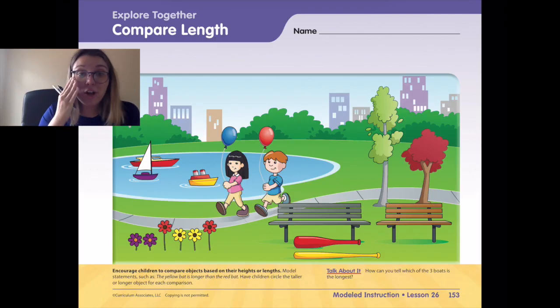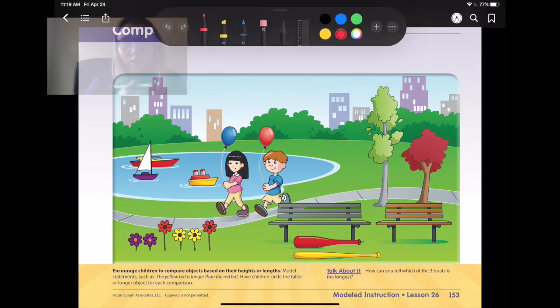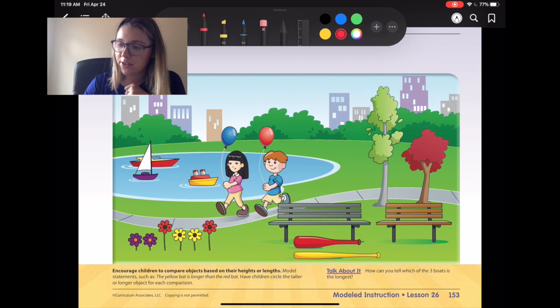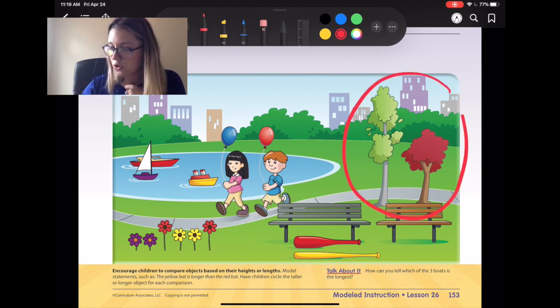Alright friends, so now you're going to open up to page 153 in your student workbook. And I want you guys to take a nice hard look at this picture. Where do you see things that are longer, or things that are taller, or things that are shorter? I want you guys to circle the tallest or the longest things, okay? All right, let's go through and circle some of them together. So, let's start at the trees.